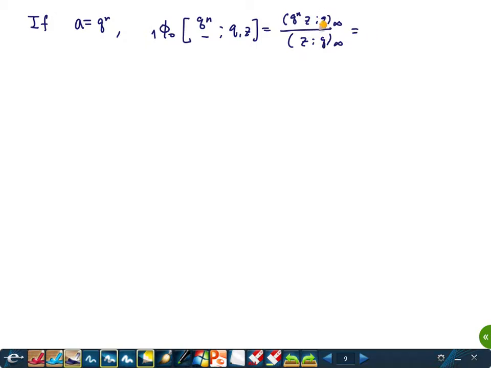They have many things in common, infinitely many things. Because this thing begins with 1 minus z, and then 1 minus zq, 1 minus zq squared, dot dot dot. And at some point, after the nth factor, it will be the same as this. You can cancel this and end up getting (zq^n; q)_∞ over (z; q)_∞. All right? This cancels.